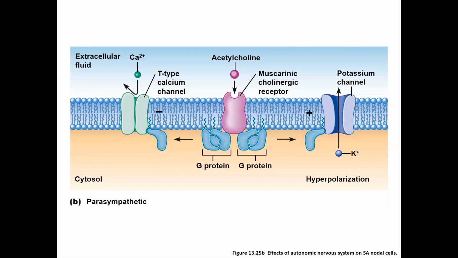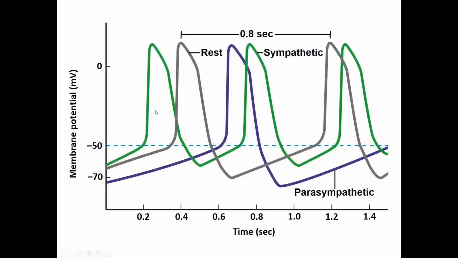It's going to be impossible to fire an action potential. All of this positive cation is leaving the cell, and there's no positive ions moving into the cell. So it's very hard to depolarize, very hard to fire an action potential, and that essentially decreases the heart rate, making the heartbeat much slower. So this is how the parasympathetic system influences the heart rate.